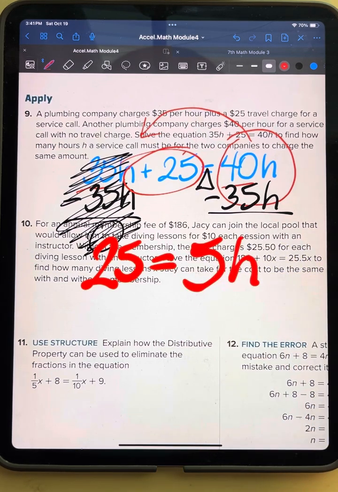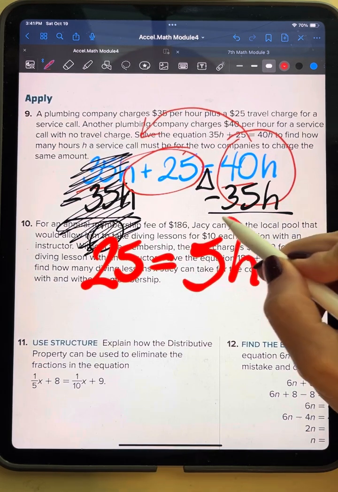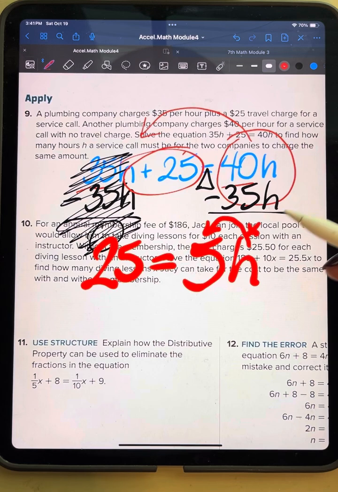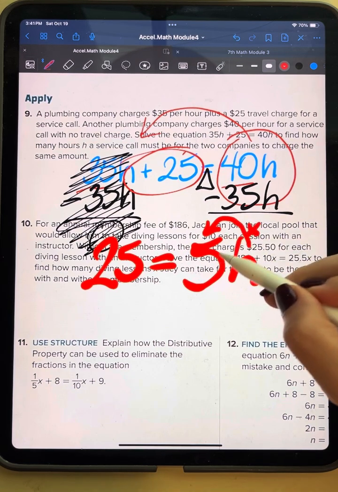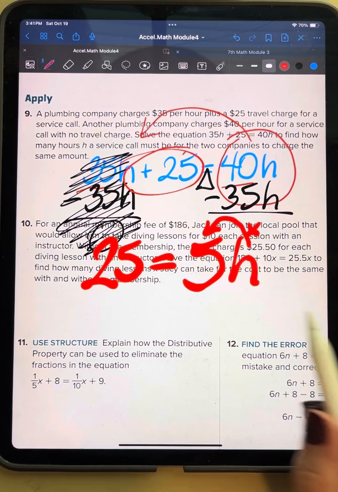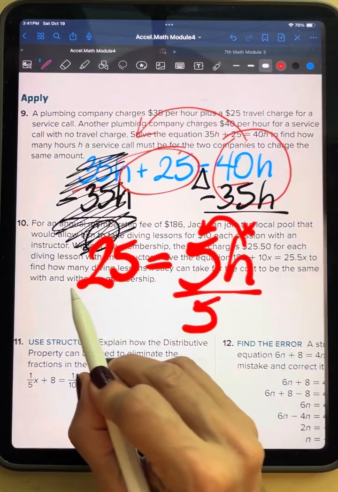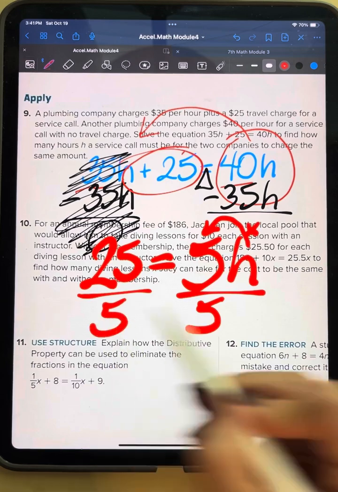And then our second and final step: go to the variable side, find the variable, that is h. h is being what by 5? It is being multiplied. And remember, we always want to do the inverse operation. If it was being multiplied by 5, I now will divide by 5. I will do this on both sides.